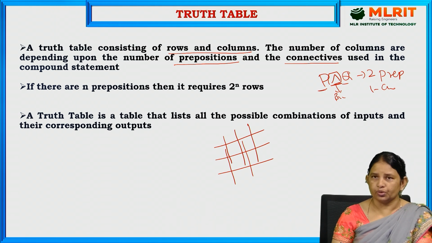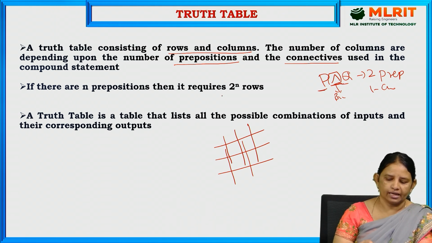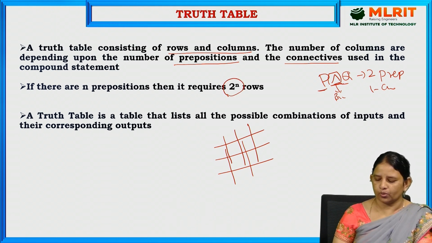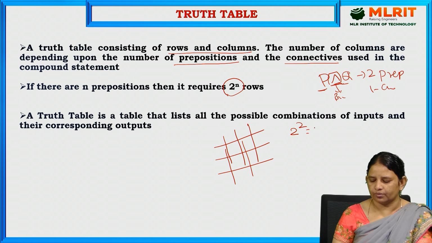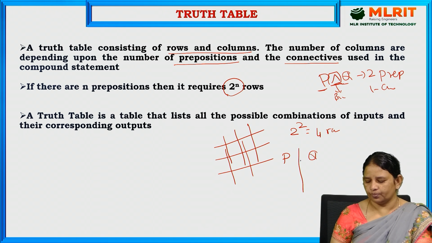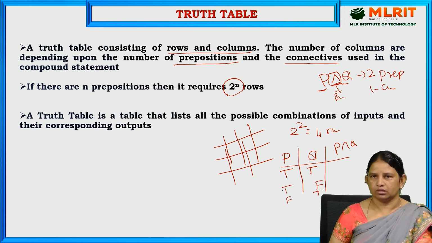If there are two propositions, then it requires 2 power n rows, that means 2 squared, 4 rows in the truth table. The first row for P and Q is true, true. Then true, false, false, true, then false, false.